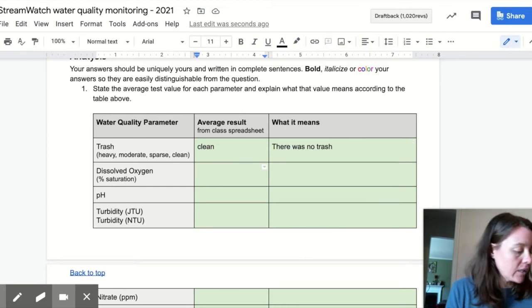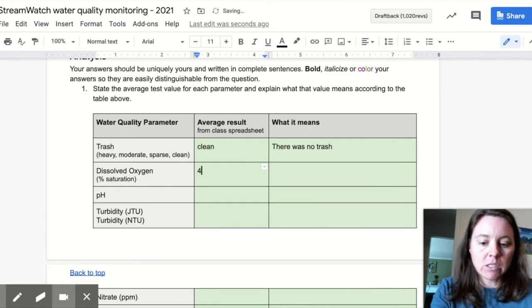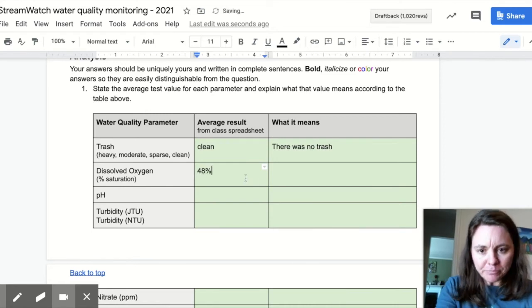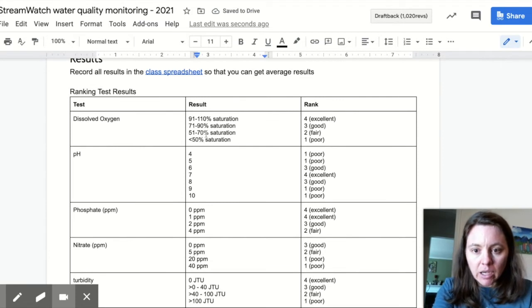So our dissolved oxygen percent saturation, we said, was right between 32 and 64, which will be about 48% saturation. And that falls into our not so great category. So less than 50% is poor.